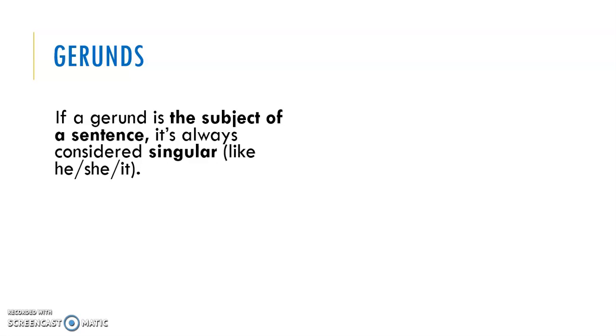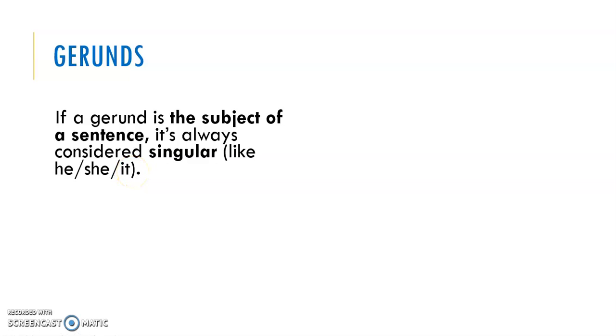Also, if a gerund is the subject of a sentence, it's always considered singular. Now, remember, in English, we need to match the subject and its verb. So a singular subject is something like he or she or it, so we'd match it with a singular verb like is.